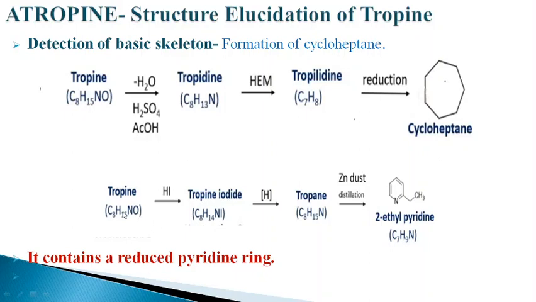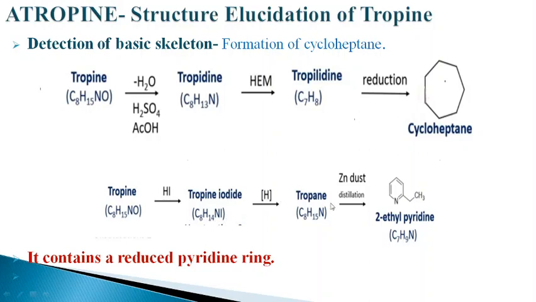The next series of chemical reactions for the detection of the basic skeleton starts with tropine. When reacted with HI, it forms tropine iodide. The hydroxyl group which is present undergoes nucleophilic substitution: the OH is removed and replaced by iodide, resulting in the formation of tropine iodide, C8H14NI.